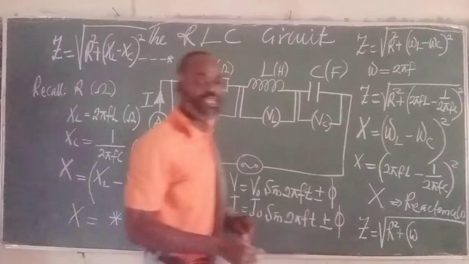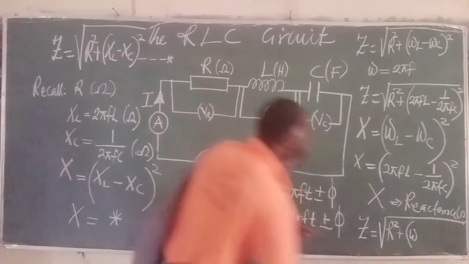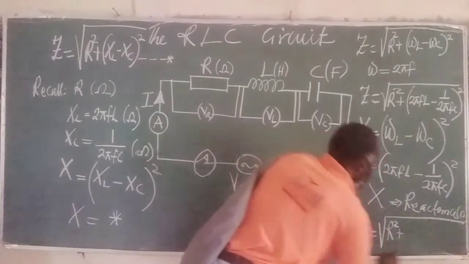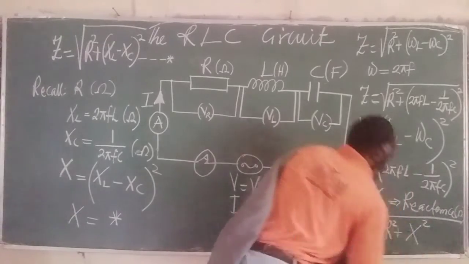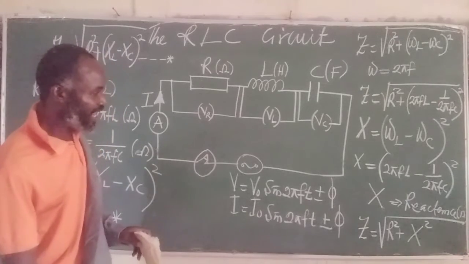We don't need to restate it again because we have found the reactance. So we can now just say X squared. Simply that.